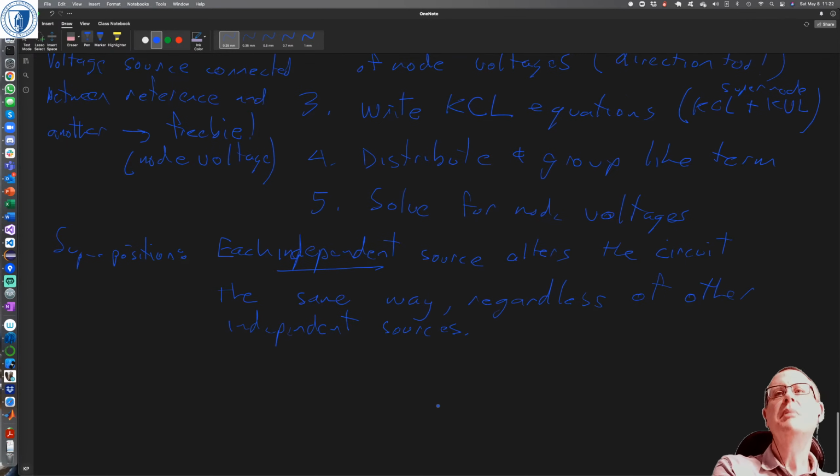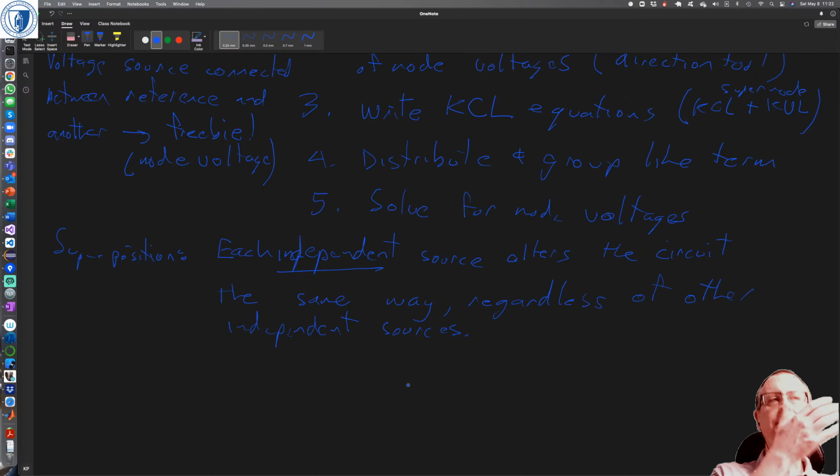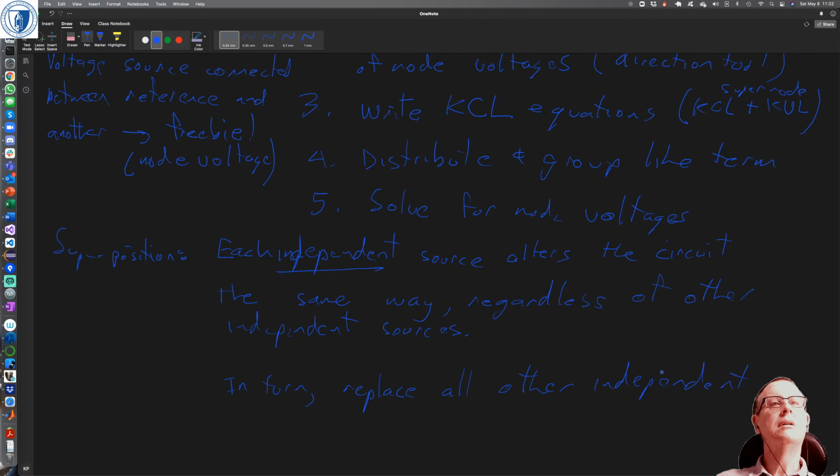Right, and what that means in terms of an algorithm is, in turn, replace all other independent sources with their ideals.